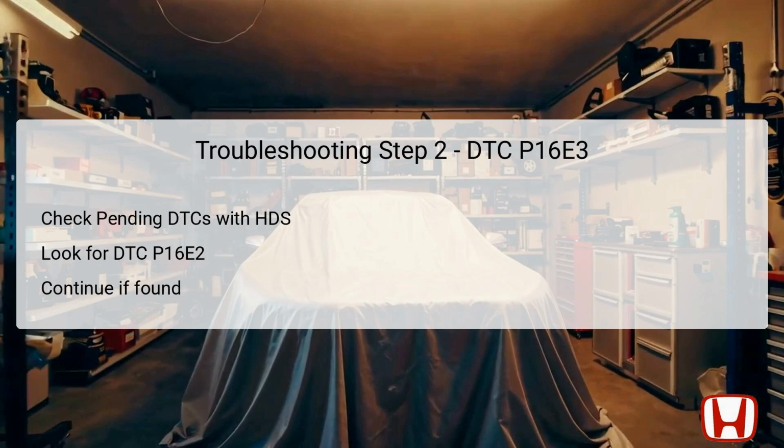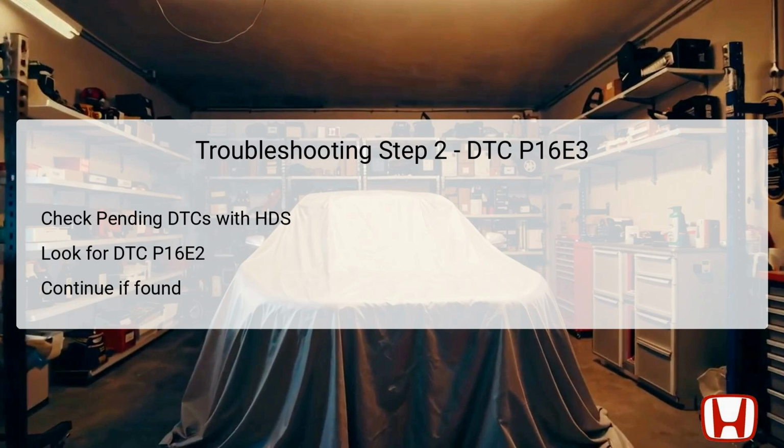In troubleshooting Step 2, it is essential to once again check for pending or confirmed DTCs using the HDS. This step allows the technician to assess if any related diagnostic trouble codes are present, specifically DTC P16E3, which indicates a LIN communication error associated with the ACG (alternator).